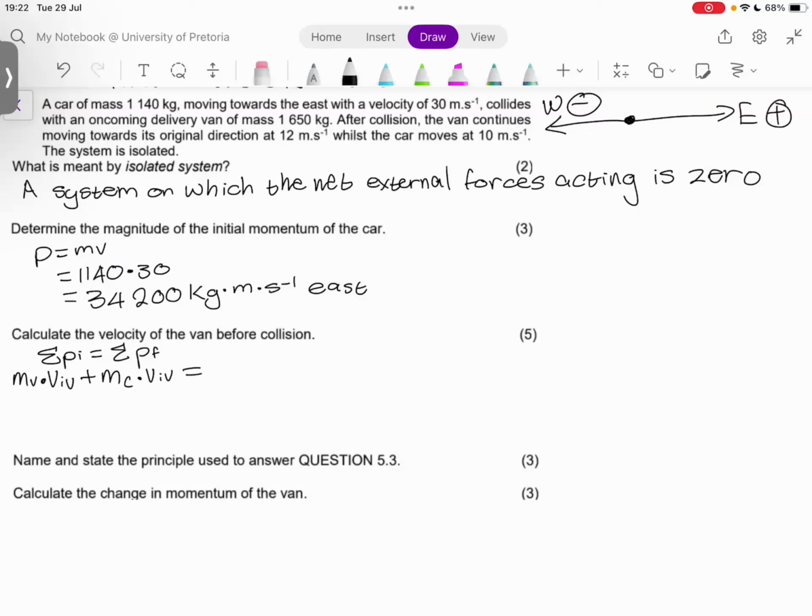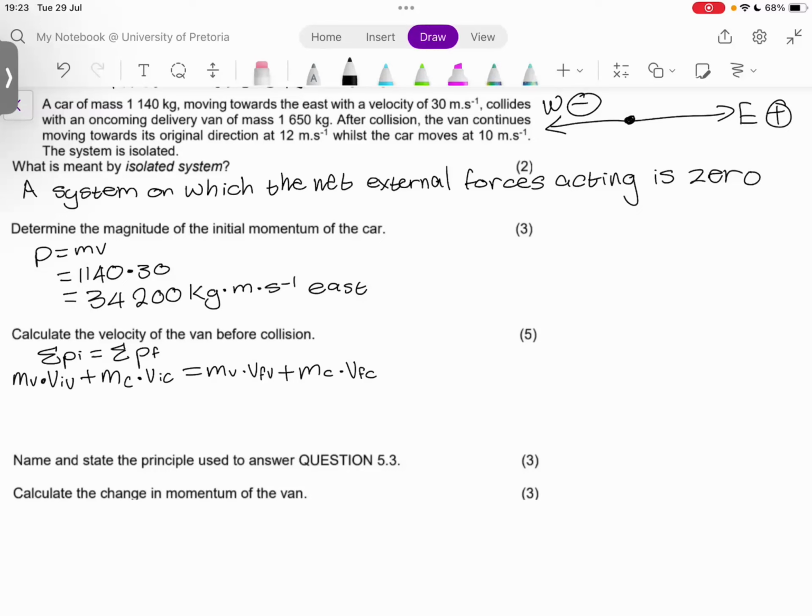This is equal to the mass of the van times the final velocity of the van, VFV, plus the mass of the car times the final velocity of the car. Right. We want to find, oops, I made a mistake over here. Let me correct that. Yeah, everything checks out.